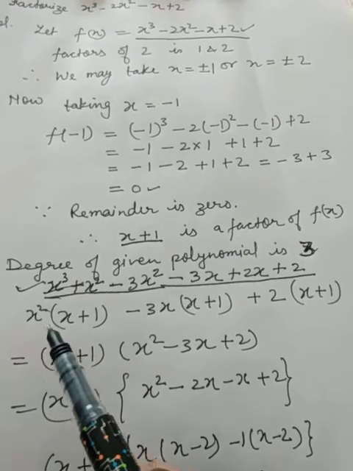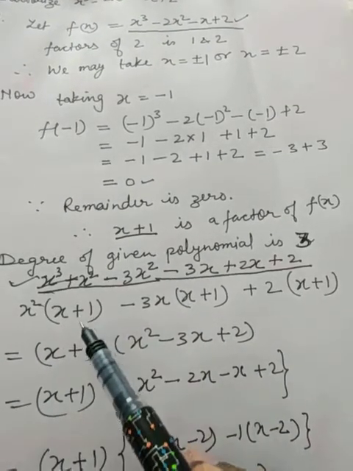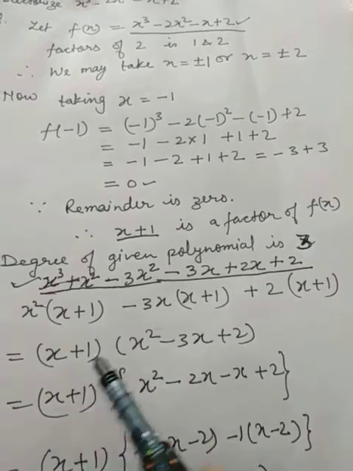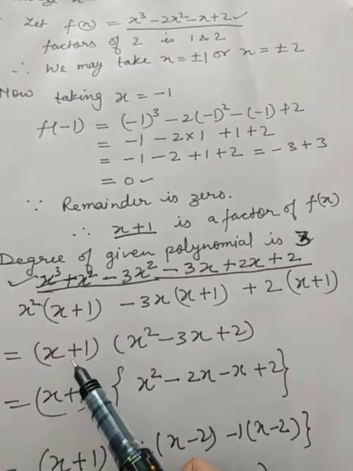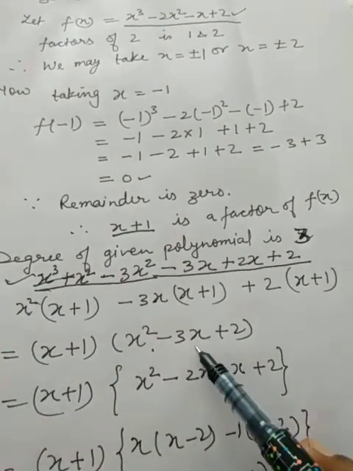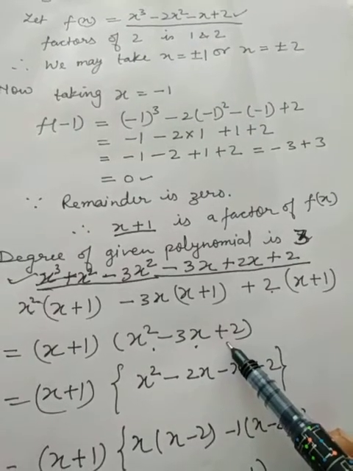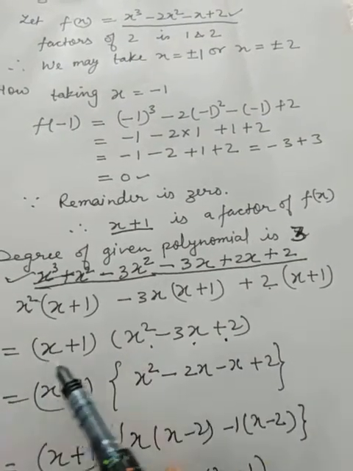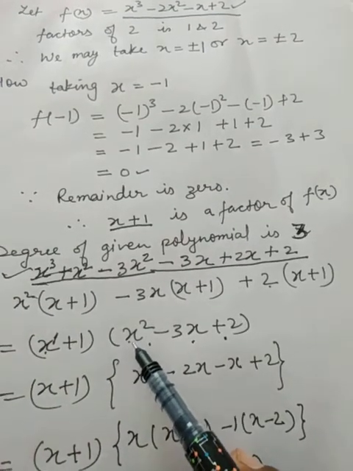Now, just check this step. There is a common factor in these 3 steps, and that is x plus 1. Just take x plus 1 as the common factor. If you have taken x plus 1 as common, the remaining terms are x square minus 3x plus 2, right. So now we have 2 factors, one factor of degree 1 and the other a factor of degree 2.